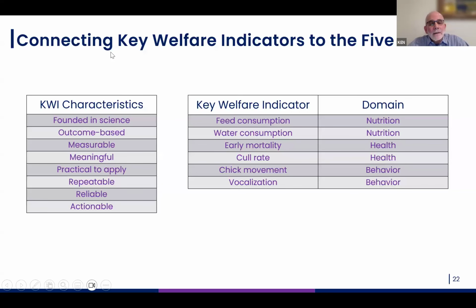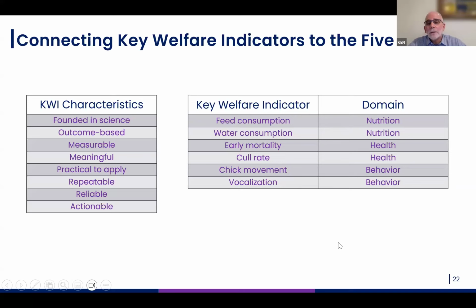And so again, when we look at the characteristics of the key welfare indicators, and the key welfare indicators that we considered in this example, we can really begin to assign a domain associated with the key welfare indicators.